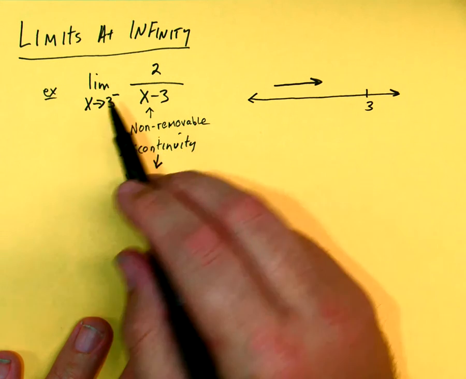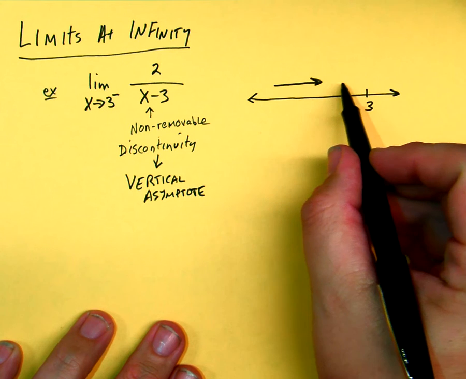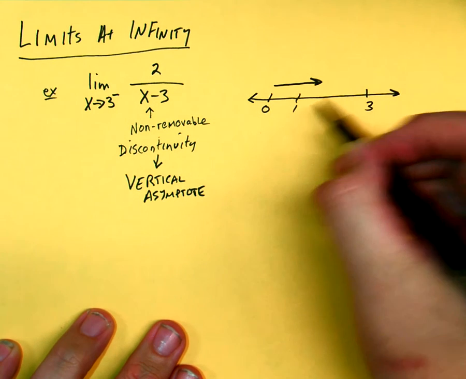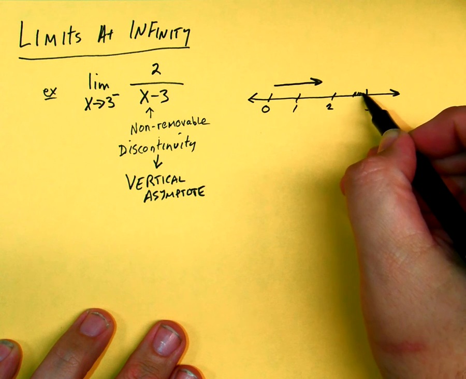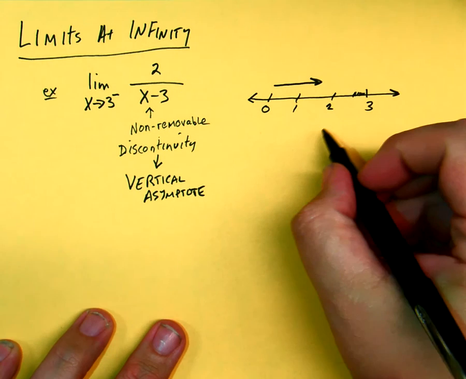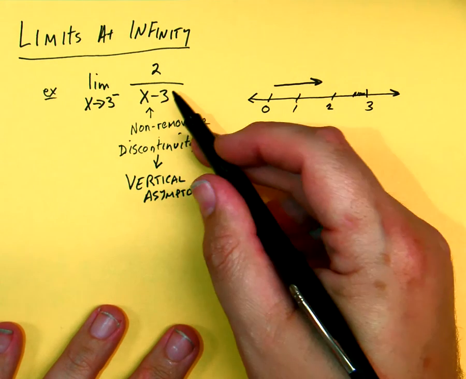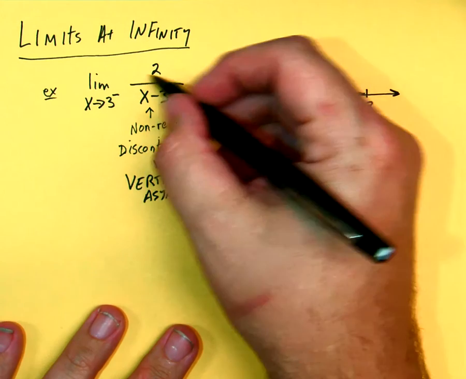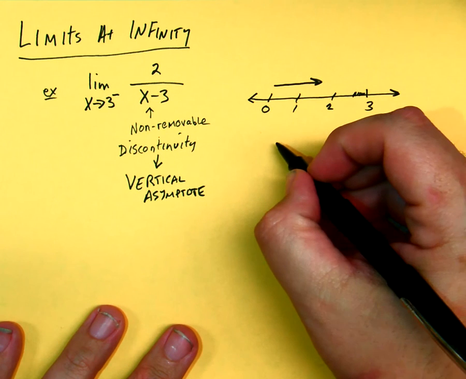Now, as we're approaching 3 from the left, we're coming in towards 3 with our values 0, 1, 2, and then we're getting infinitely closer to this. So, when we're evaluating these one-sided limits, think of when we have a denominator here, think of this idea.